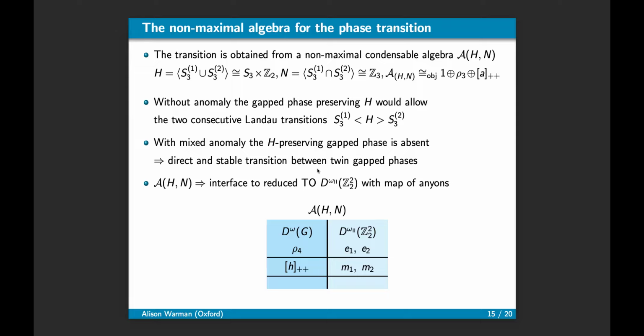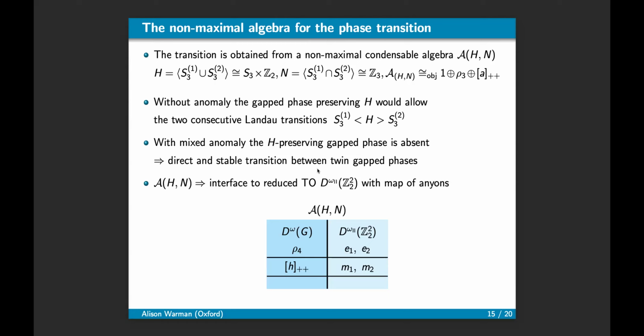So the phase transition between them becomes stable, and it can't be written as a composition of two Landau transitions, because the phase preserving H is now excluded due to the anomaly. So we will now consider the case of an anomaly, a mixed anomaly between the two S3 subgroups.